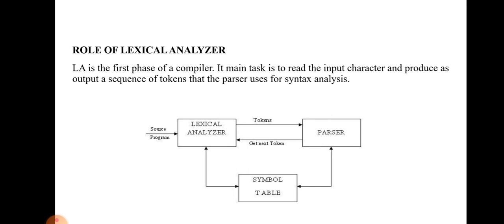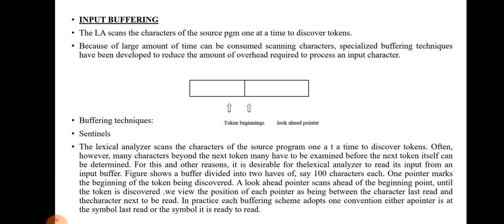After processing the first token, it sends a get next token request to the lexical analyzer. Throughout this, the symbol table and error handler interact with both phases. The symbol table handles information about the identifiers, and the error handler handles the errors encountered in each and every phase.